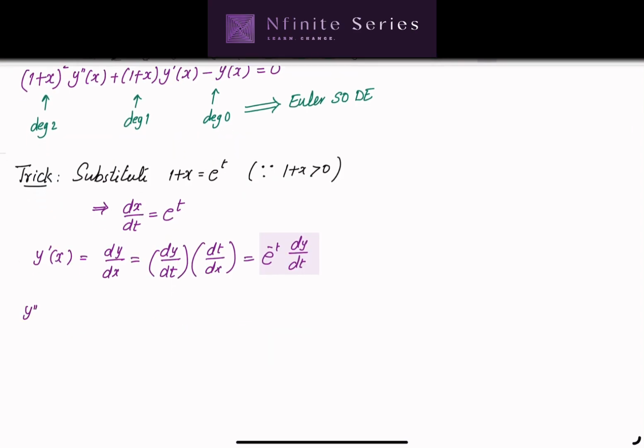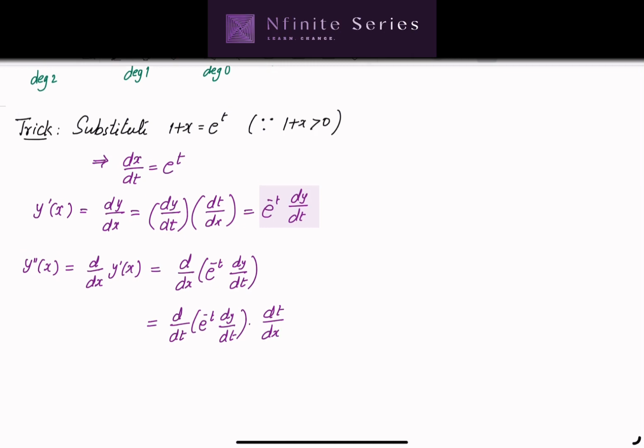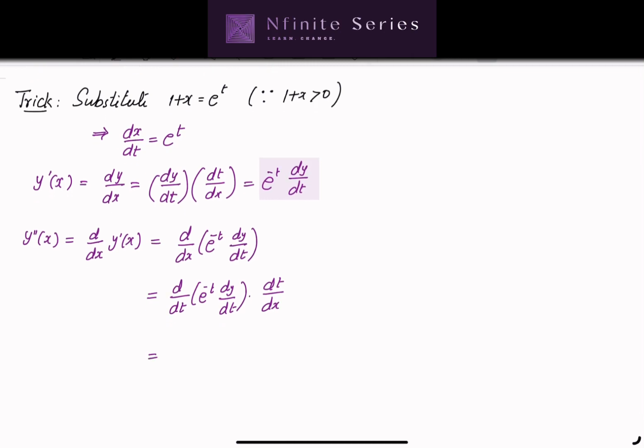Now similarly, what do we have? We have y double prime x. This can be written as d by dx of y prime x, right? And this is equal to d by dx of the value of y prime x, which is e power minus t times dy by dt. Now again, apply the chain rule here. We can write it as d by dt of this entire term times dt by dx. Now in the first term, we can apply the product rule of derivative.